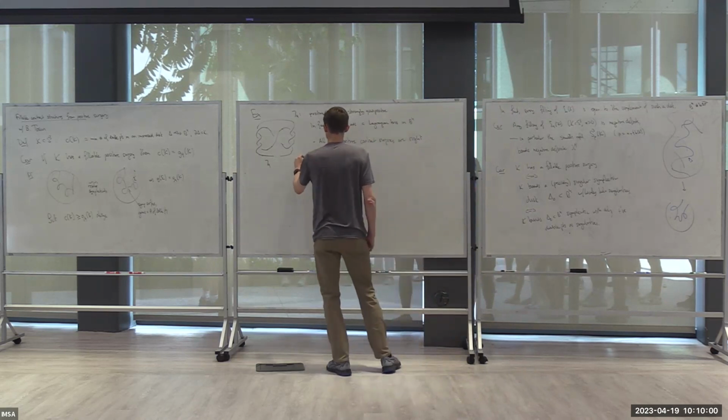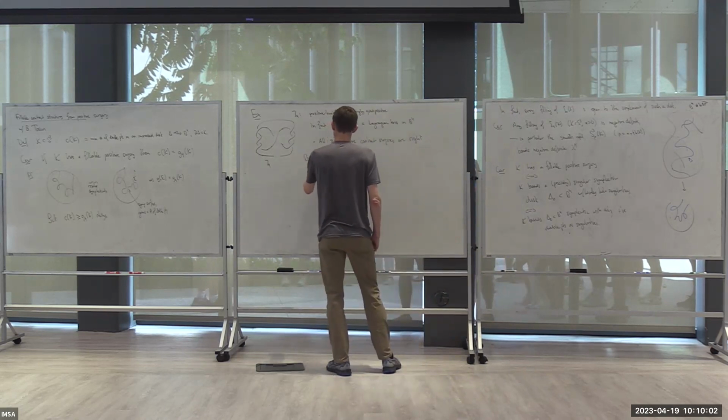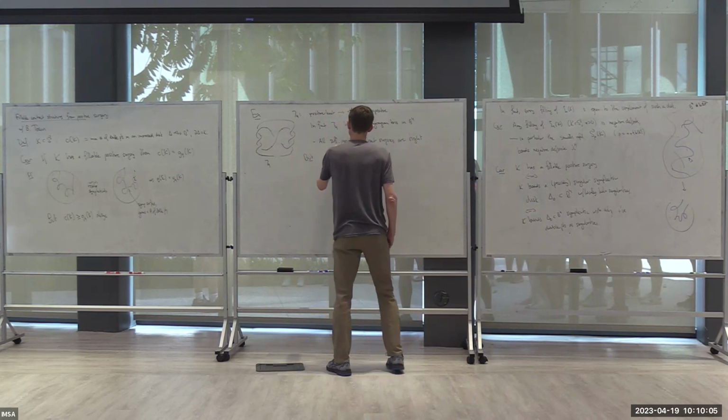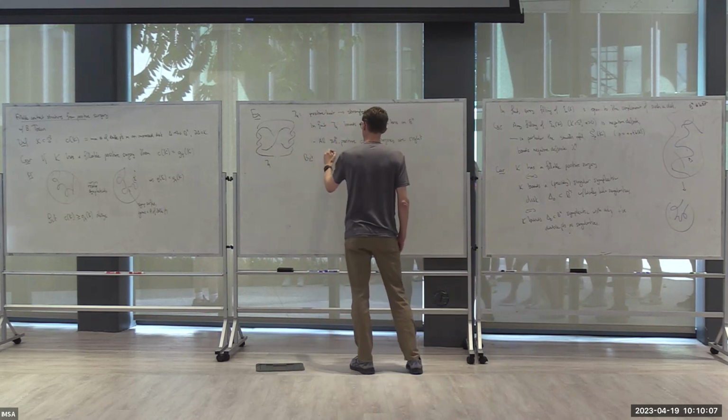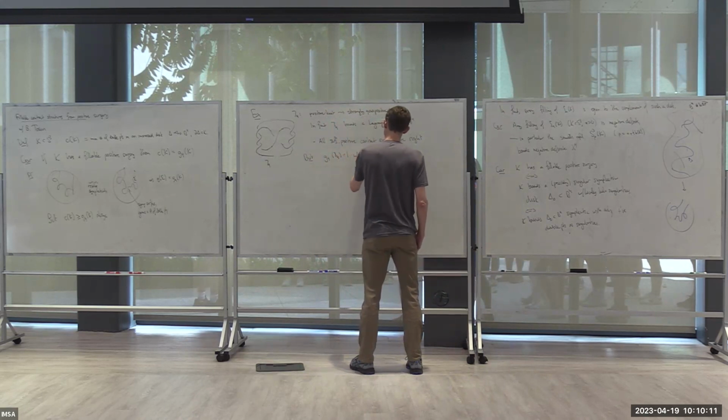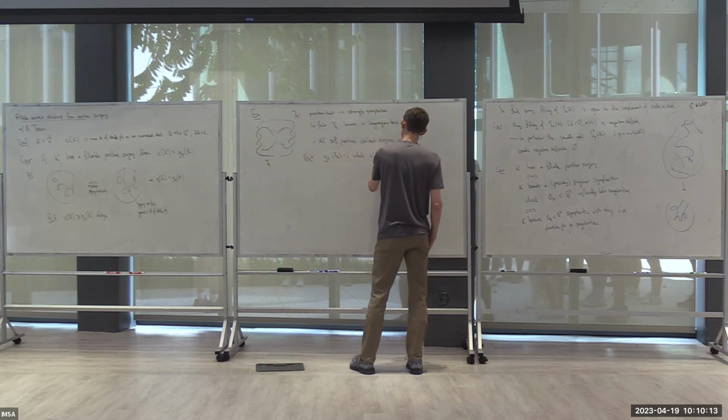So for this knot the four-ball genus is 1, while its clasp number is 2.